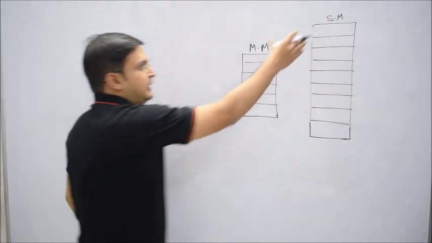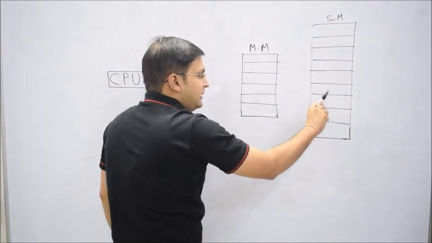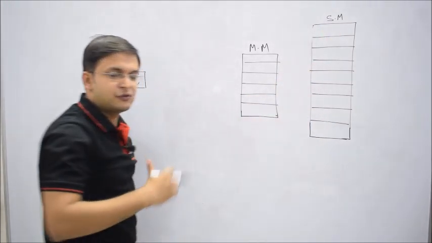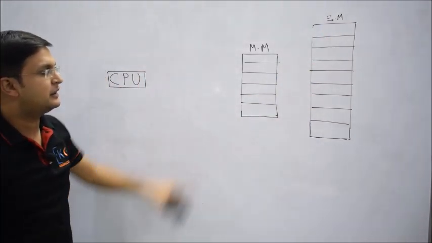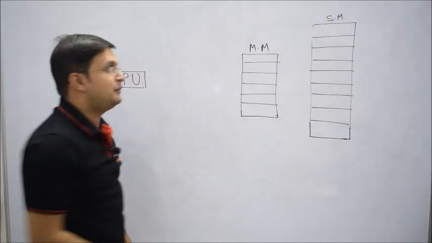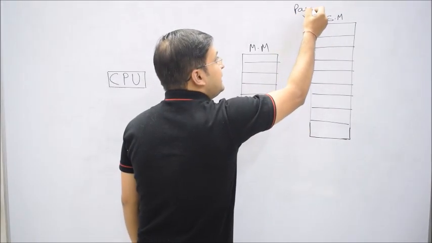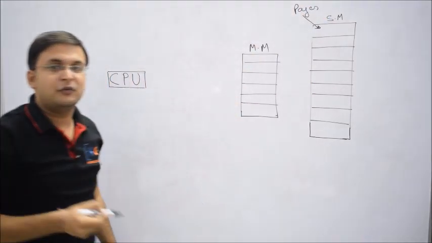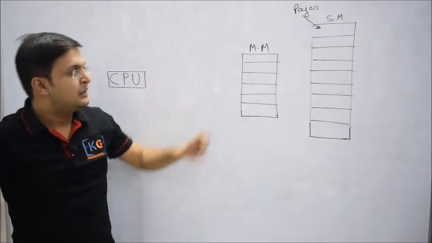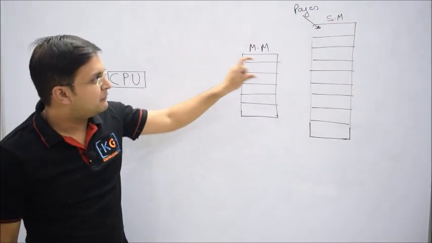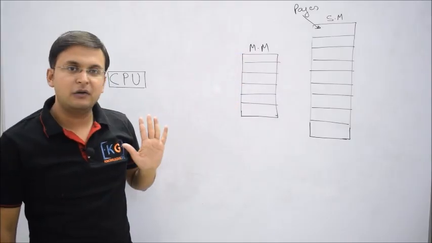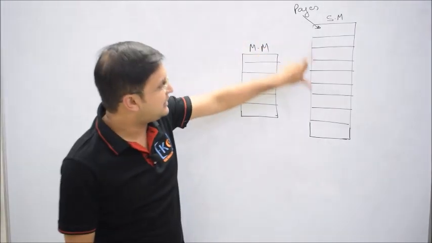Secondary memory will be divided into equal size partitions to support non-contiguous memory allocation, and the size of each partition will be the same. And these partitions are actually called pages. If somebody asks you what a page is, you can say secondary memory is divided into equal size partitions, and these partitions are called pages. The size of each page is the same.